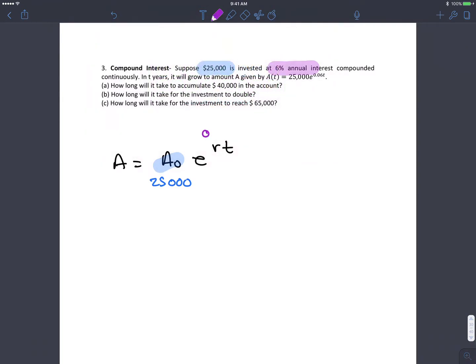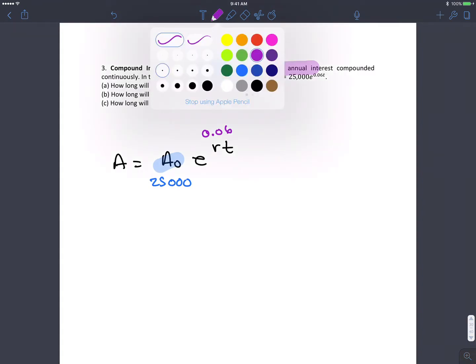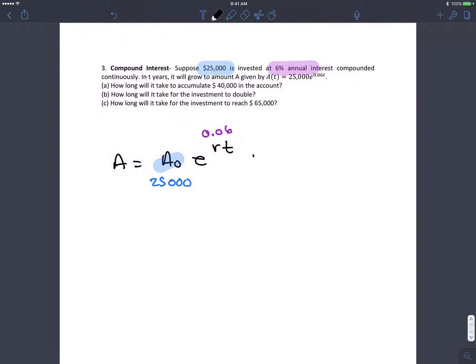So R here is the decimal version of 6%, 0.06. It's compounded continuously. And in T years, it'll grow to a particular amount. So they're pretty much telling us that they want us to use this equation. That the amount here is 25,000 e to the 0.06 t.